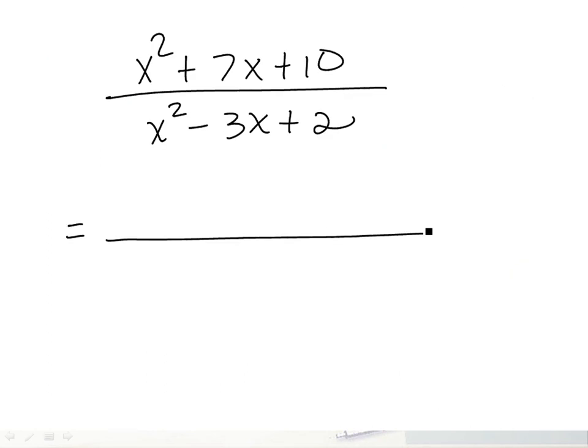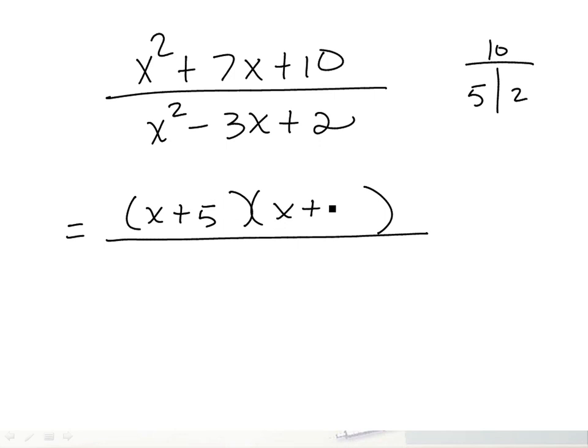Okay, so if you factored the numerator correctly, you should have found factors of 10 that'll give you 7. And I can think of 5 and 2 right off the bat. If I multiply 5 times 2, I get 10, but if I added these two numbers, I'll get the middle coefficient. So we have x plus 5, x plus 2.